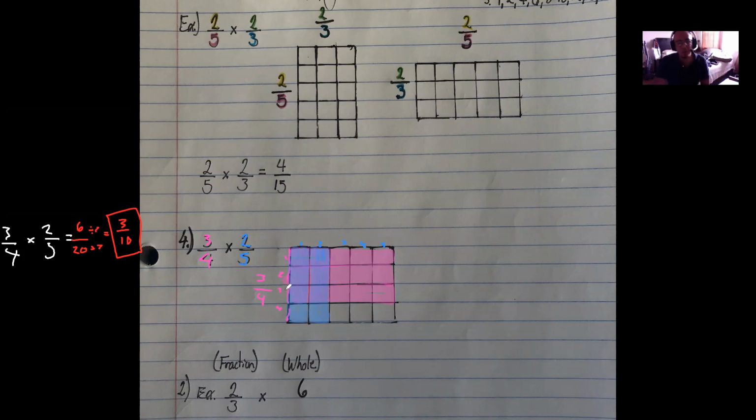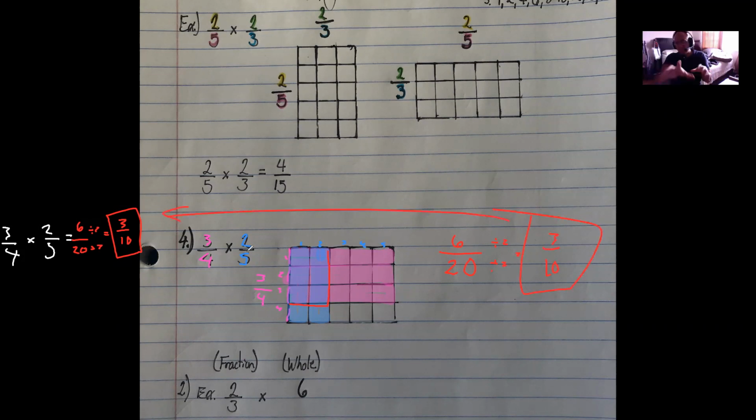And so again, ladies and gentlemen, we're going to ask ourselves, how many of those squares are shaded in both blue and pink? We can see that all of these here are, which would be 6 out of the total of 20. Now, this is not the same yet because I have not simplified it. 6 divided by 2, 20 divided by 2, that's going to give me 3/10. Just as before, I got the same exact answer.